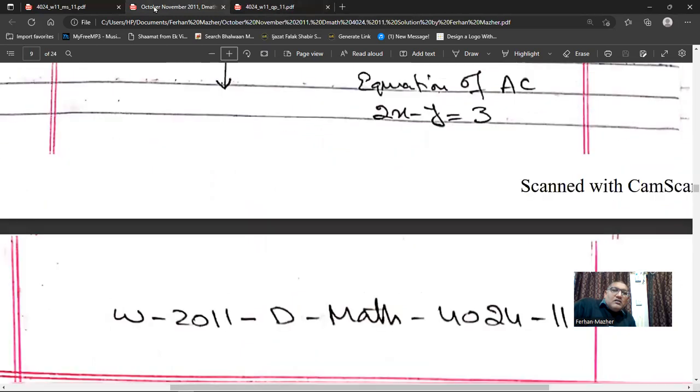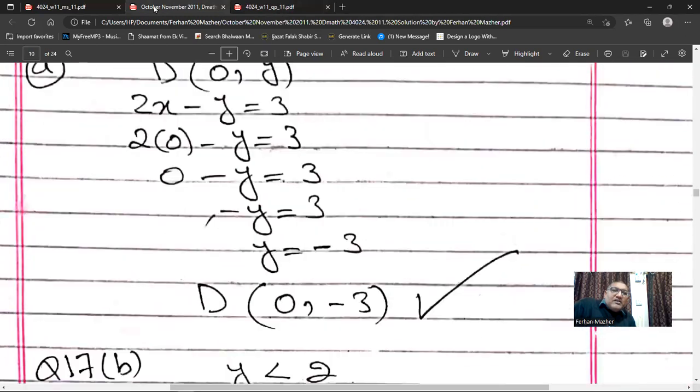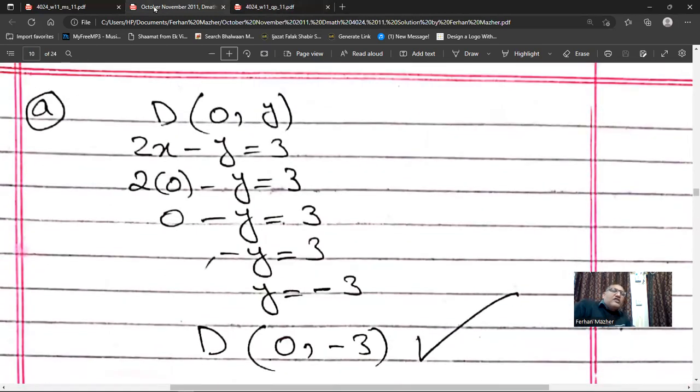So D is 0 comma y, the x is 0 because it's on the y-axis. 2x minus y equals 3. This is the AC line on which this point lies. So it will be 2 into 0 minus y equals 3. So it will be 0 minus y equals 3.